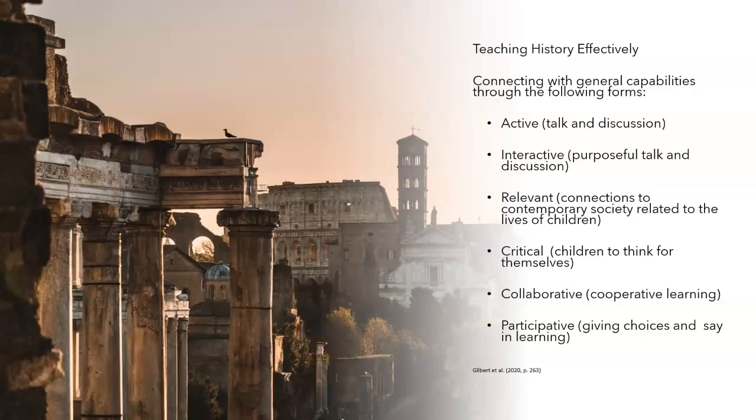That's a very important skill, and it is one of the general capabilities. Collaborative, having students work together in groups. Not always an easy thing to do, but it can help them with thinking critically and also with making it effective history teaching. And participative, so giving choices and say in learning, which is very important.